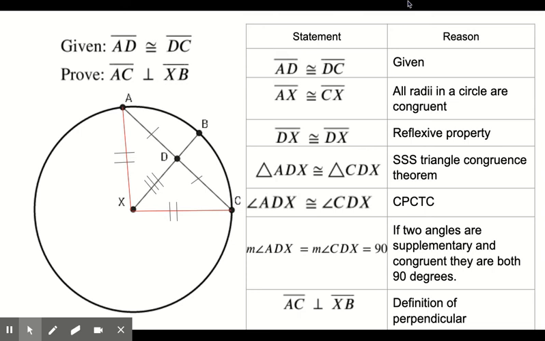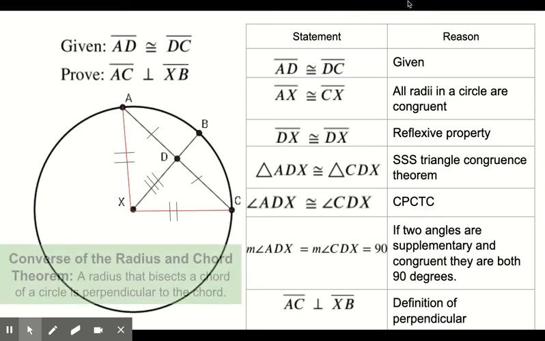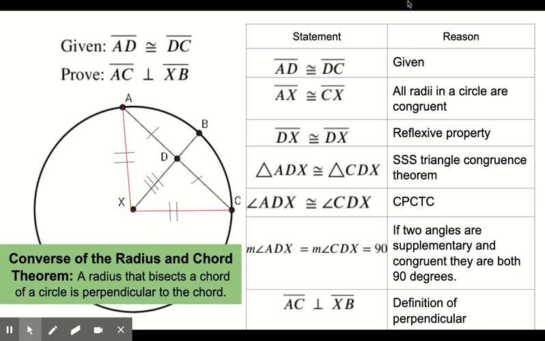And you can take a look at that proof here. Again, a radius that bisects a chord of a circle is perpendicular to the chord.